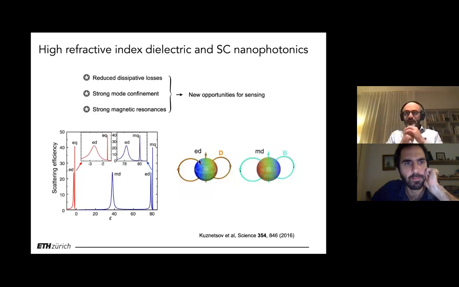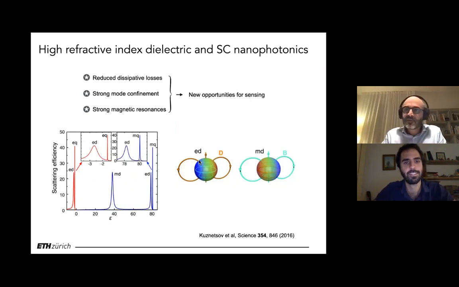What I was showing here is related to plasmonic sensors, so gold nanosensors supporting surface plasmon resonances or localized plasmon resonances. Over the years, there has been quite some work on what is called high refractive index nanophotonics. So what does that mean?